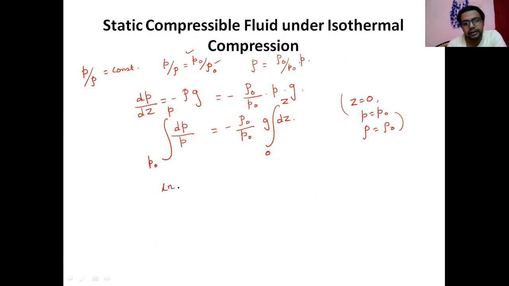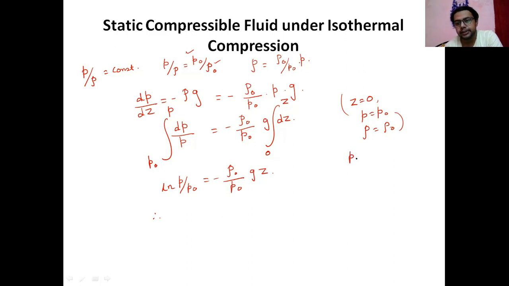So the remaining task is ln P by P0. It's just integration. I'm not stressed over the integration, just writing it down here. So rho 0 by P0, what is rho 0 by P0?